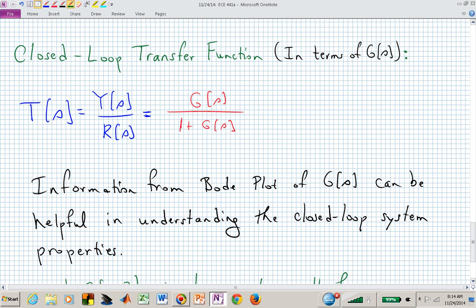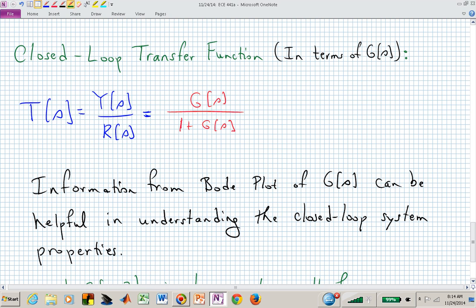If G is really big in magnitude, then what's T going to do in that frequency interval? It's going to be less than 1, but if G is really big relative to 1, then it's going to be about 1, isn't it? G and 1 plus G are about the same. So the closed loop is going to be roughly a gain of 1 if G is really big.